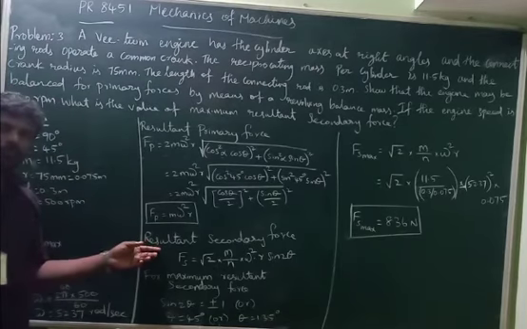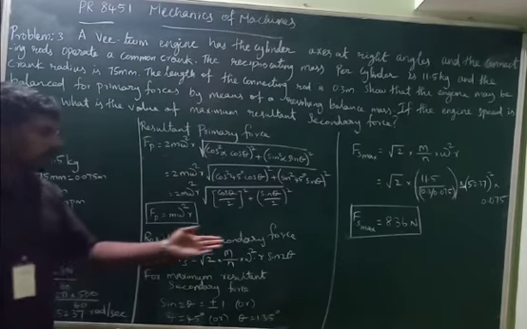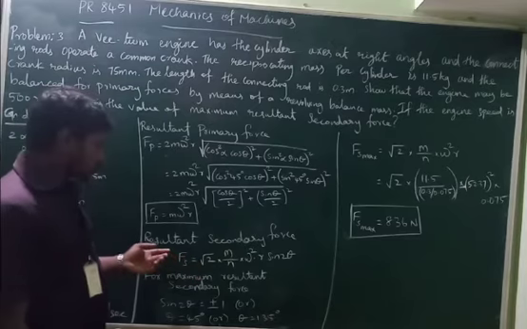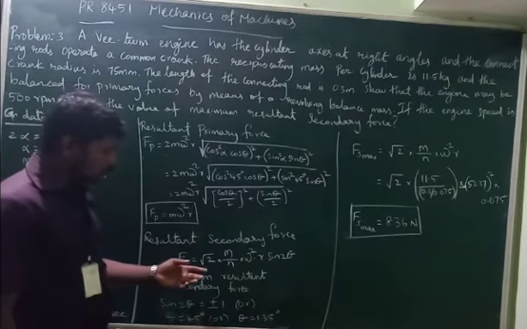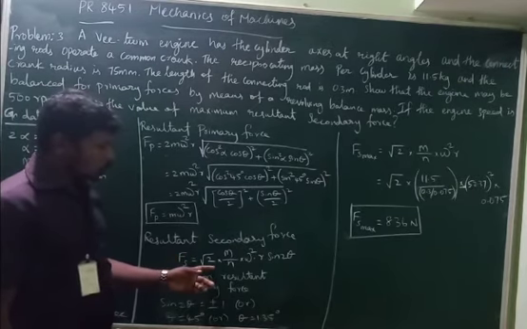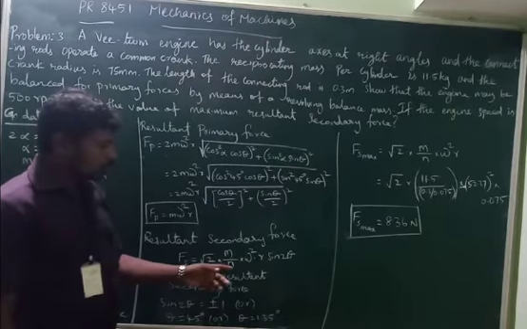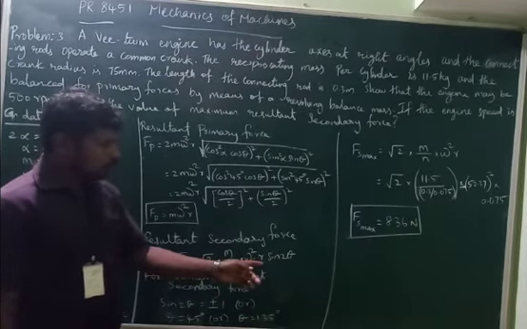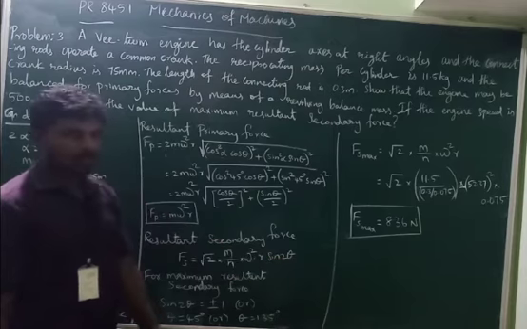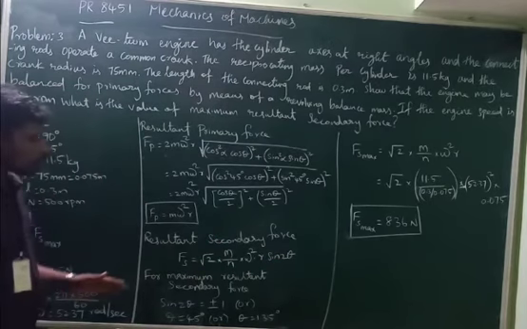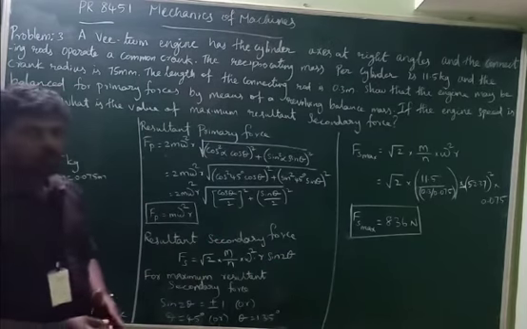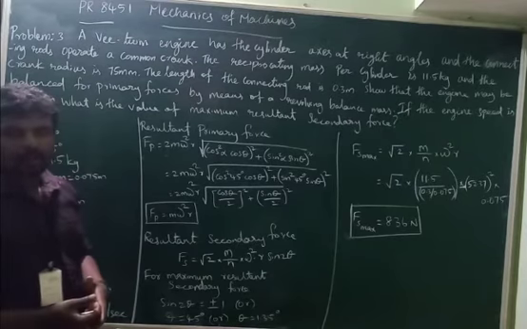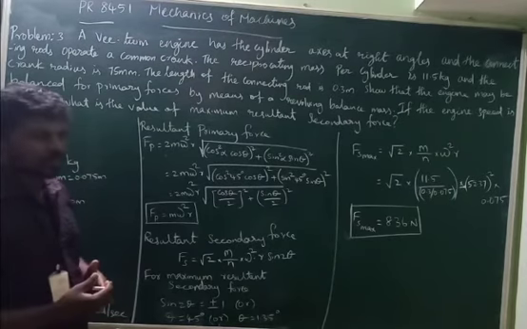Then we can write the formula for the resultant secondary force. The formula will be F is equal to square root of 2 into m by n into omega square r into sin 2 theta. Right? Here also we know all the values, but we need to find the value for the maximum resultant secondary force.